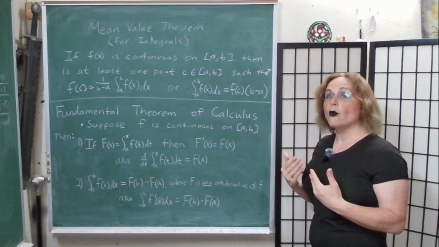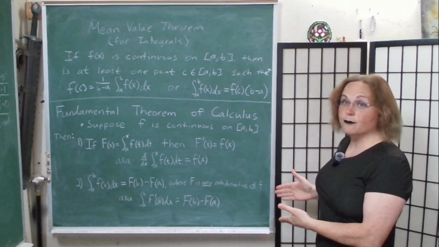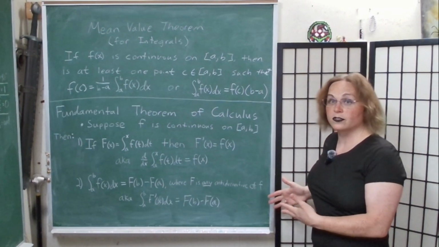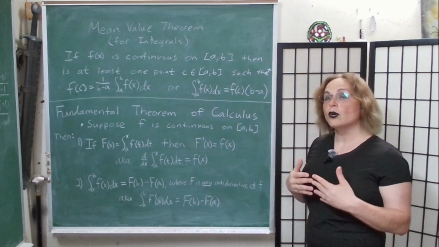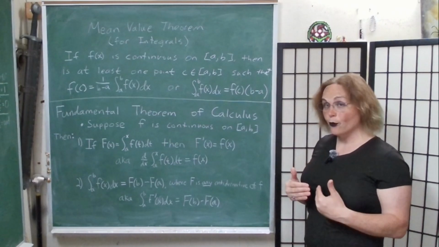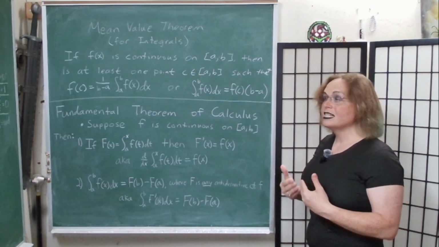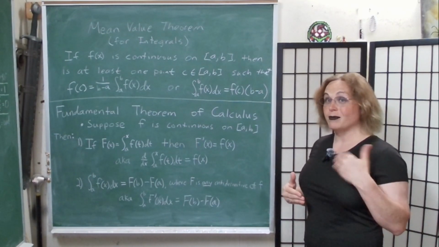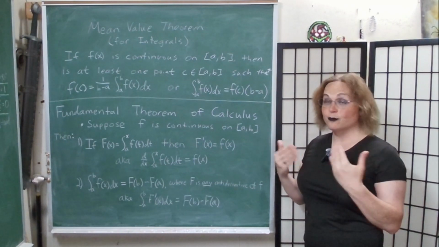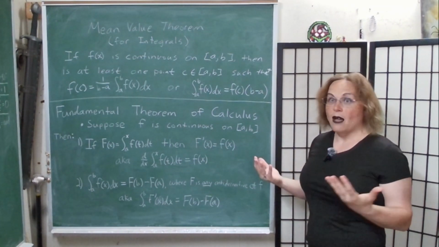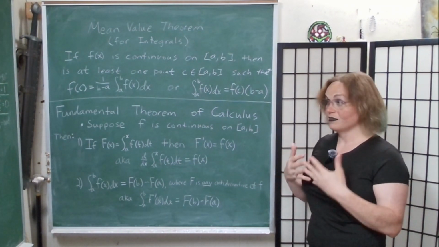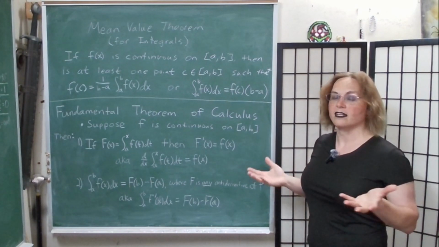And that's pretty important because of the second part of the fundamental theorem of calculus, which tells us that when we're looking for a definite integral, we only really need to take the antiderivative of the beginning and the end and subtract them, and that will tell us what the actual integral is for the whole thing.